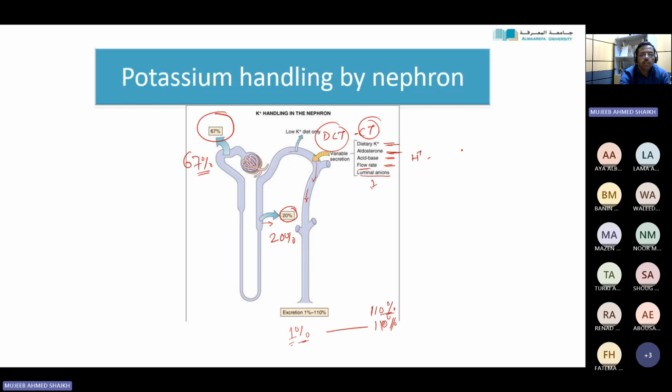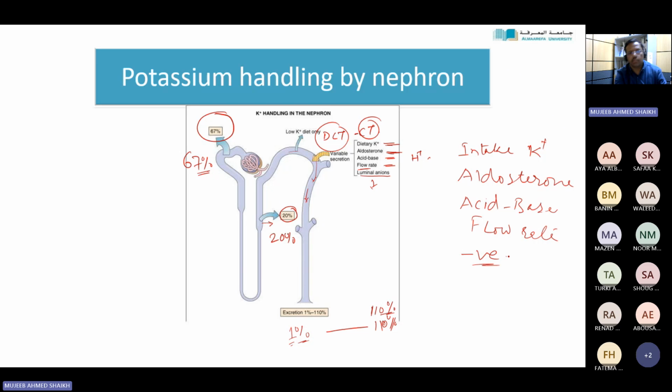So you must know the factors: how much potassium intake is in your diet, what is the level of aldosterone, the sodium levels, what is the acid-base status, whether it is acidosis or alkalosis, what is the urine flow rate, meaning more formation and more flow of urine, and the presence of negative ions in the lumen. All this will decide whether it will eliminate 1% or 110%.